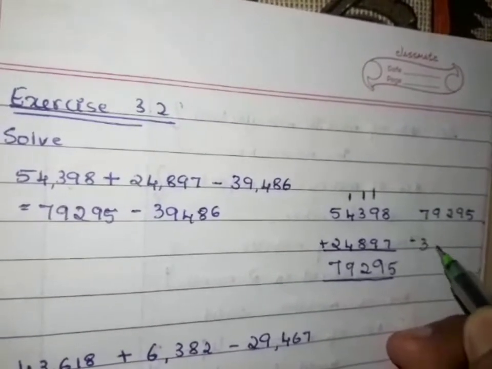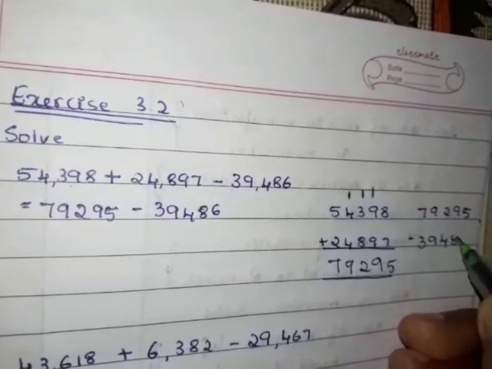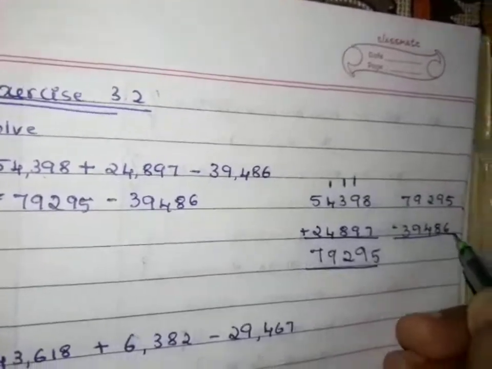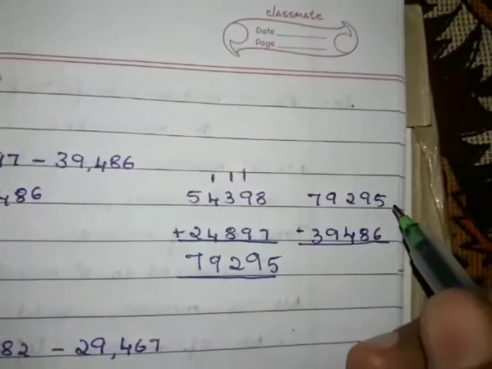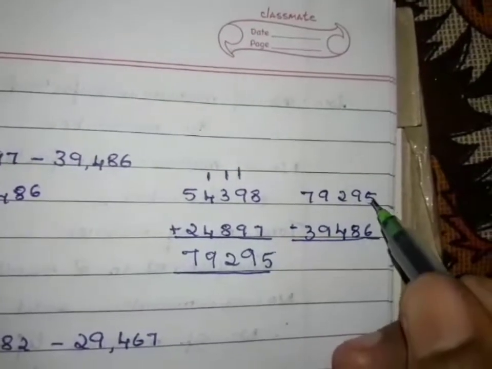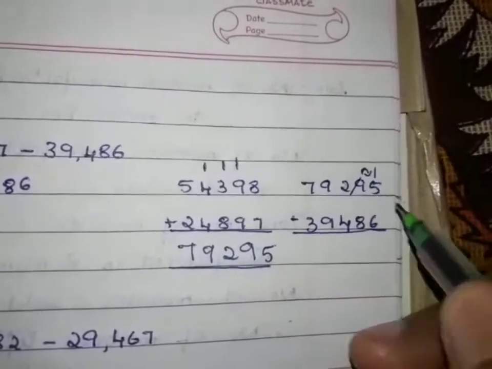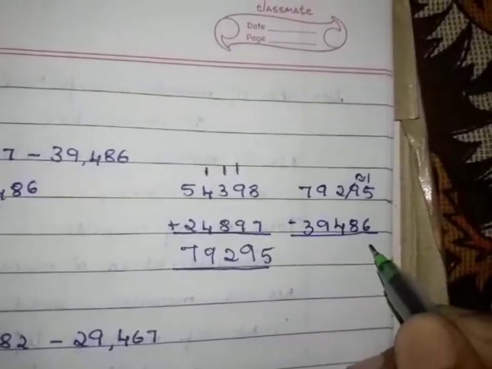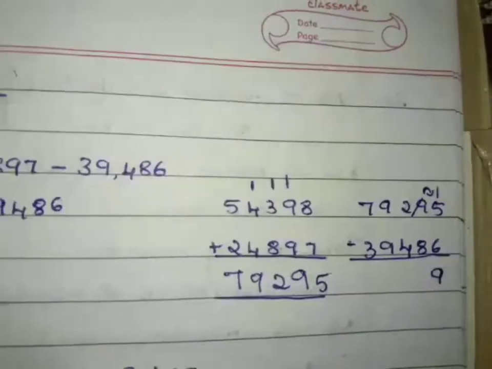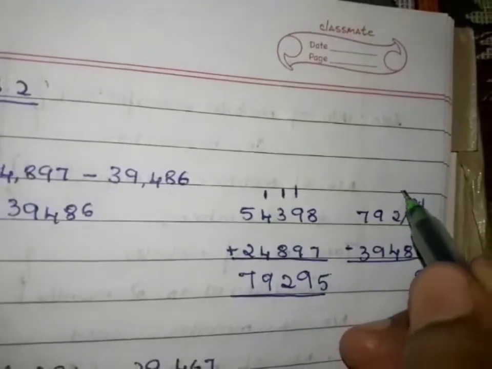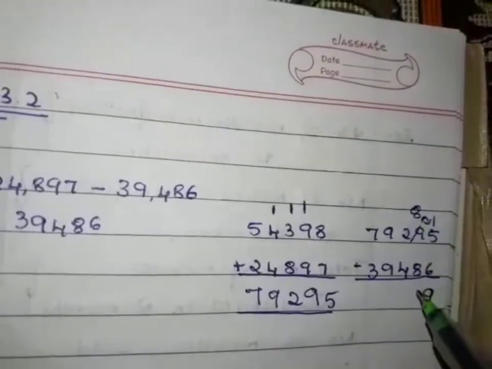Minus 39,486. As you all know, we can't subtract the bigger number from the smaller number. So we have to borrow 1. 15 minus 6 is 9. Here we have 8. So 8 minus 8 is 0.